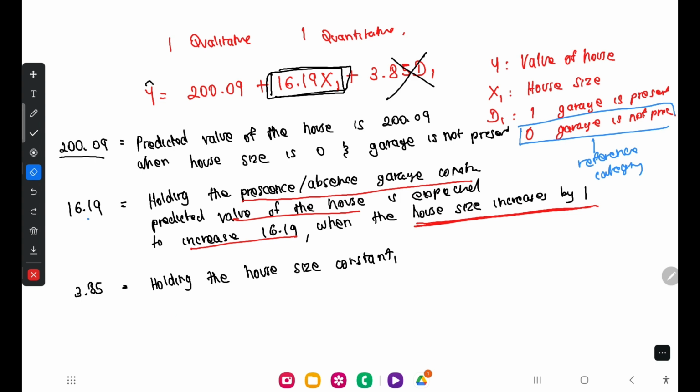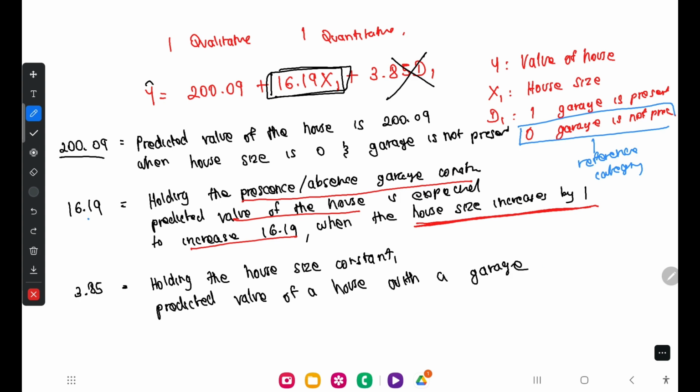So we say when the house size is constant, the predicted value of a house with a garage, because with a garage only we have assigned 1, is 3.85 more in comparison to a house without a garage.